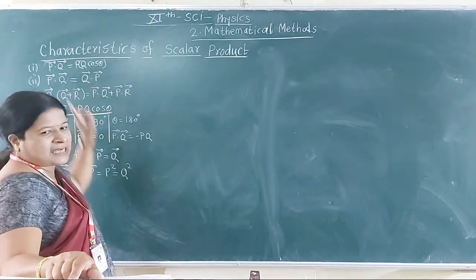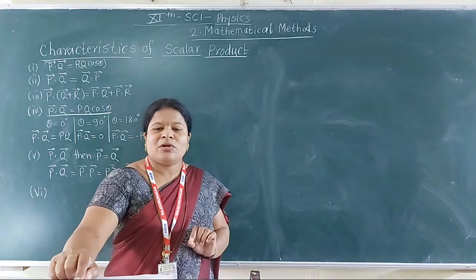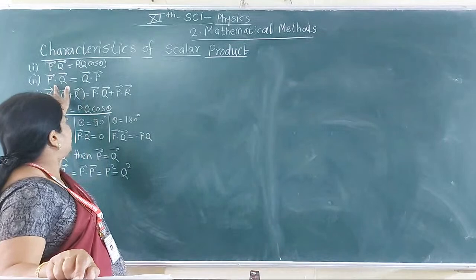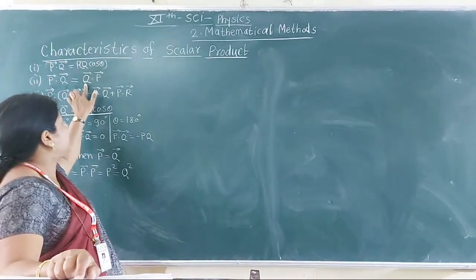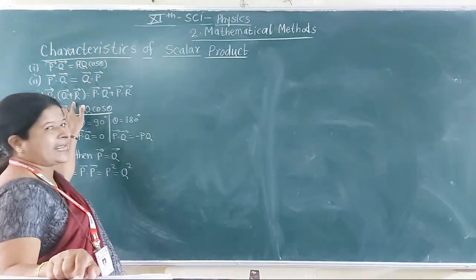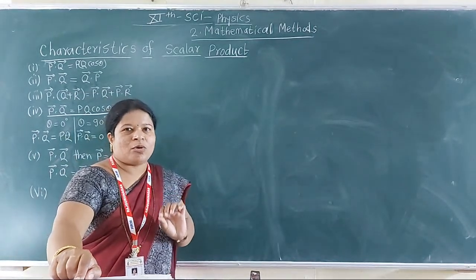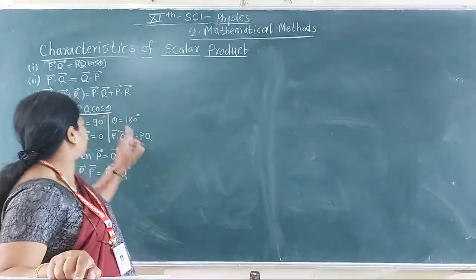Second characteristic, that is, scalar product obeys the commutative law of vector multiplication. Vector P dot vector Q is equal to vector Q dot vector P. Third characteristic of scalar product is that scalar product obeys the distributive law of vector multiplication.